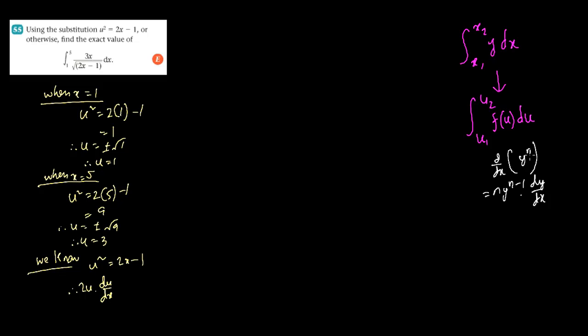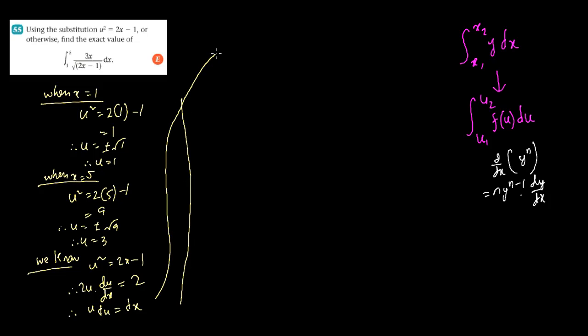If it was y squared, it would be 2y into dy by dx, and this is 2u du by dx, and this side derivative would be 2. Therefore we can write u du equals dx. So this 2 and this 2 will cancel off, and we can write u du equals dx. That's the substitution.